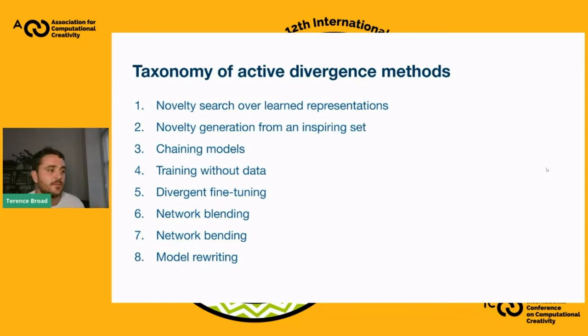If you want to get a full view of the survey, then you'll have to read the paper or watch our long presentation. We've grouped them together based on their underlying principles and tried to formalize them in this paper, into 8 categories. For the rest of the presentation, I'm going to give a quick overview of all of these different categories of ways of achieving active divergence.